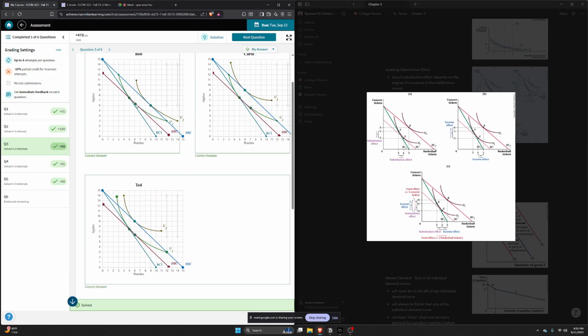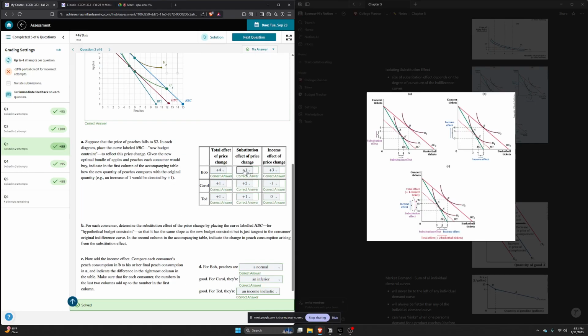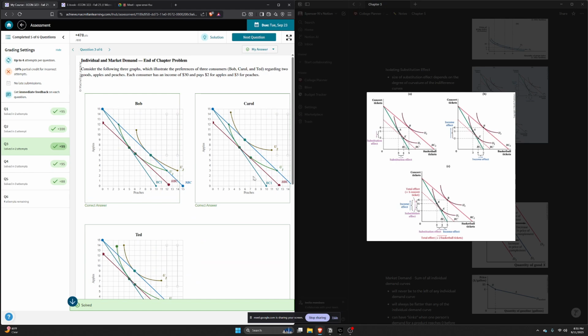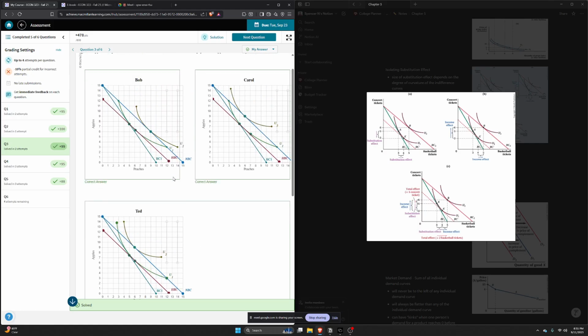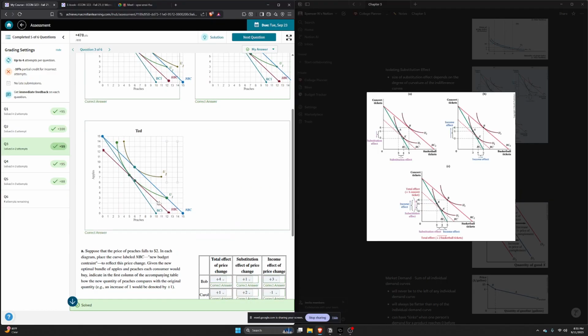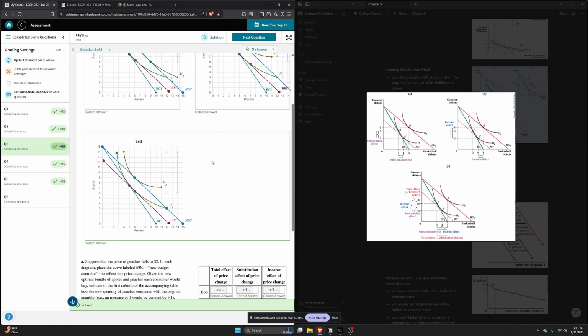So pretend it's not there right now. But anyways, this is the price we're looking at. So it's the difference between this and this. So 5 to 6, that's one peach. From this to this, 5 to 7, that's two peaches. And then from this to this, that's one peach right there.